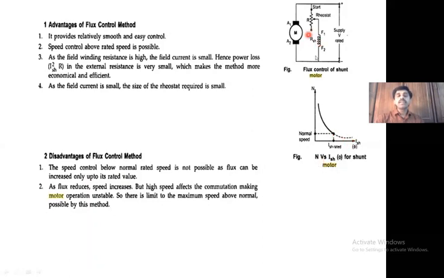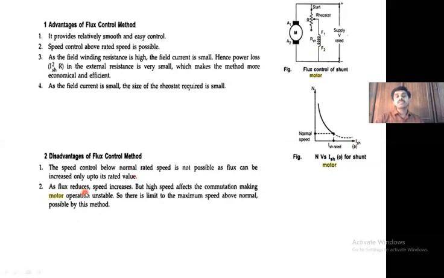Here, we cannot increase the flux, because when the resistance is at the minimum position, the rated current flows. Therefore, the flux corresponds to the rated field current. We cannot increase the flux above that value. That's why we cannot get speeds below the rated speed.